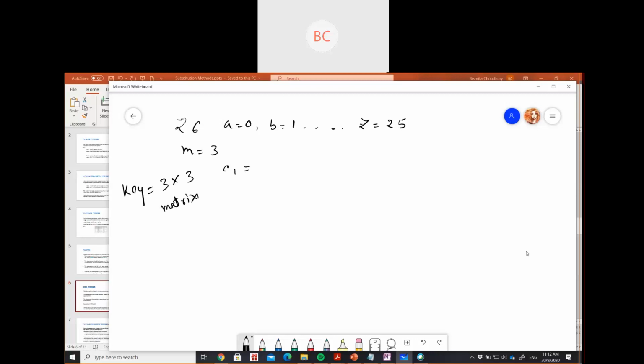So if your m equals 3, then your key will be a 3 by 3 matrix. Then if your m is larger, your key will again be the same size. It has to be a square matrix. Okay. So if K is your square matrix, 3 by 3, how many elements will be there in a 3 by 3 matrix?